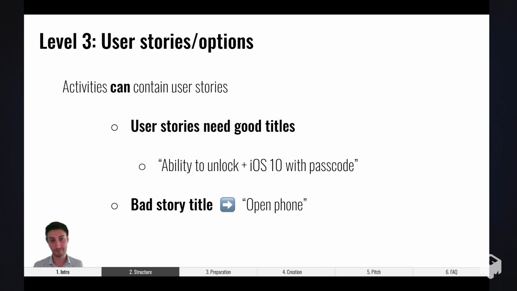Right after that, we talk about the user stories or options. I highlighted in bold that activities can contain user stories. For some activities, you don't have a user story. Let's say we would like to build a point of sale system for retailers. Our story map would start with the user goes into the store.